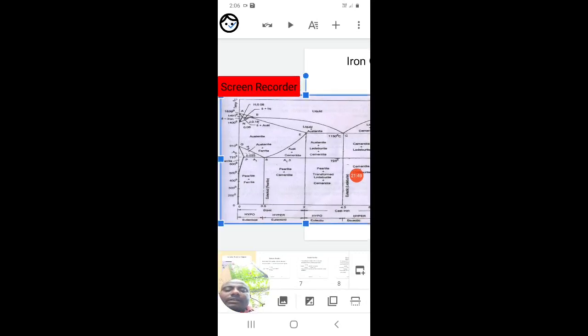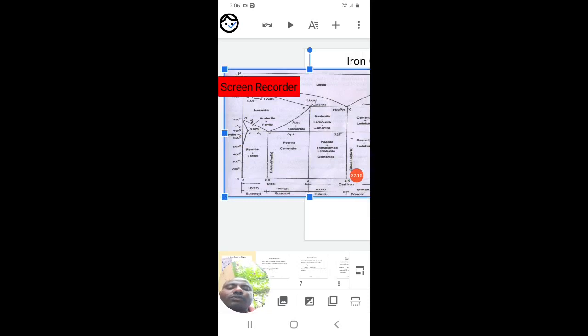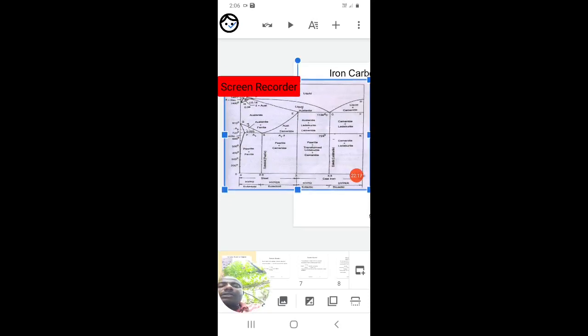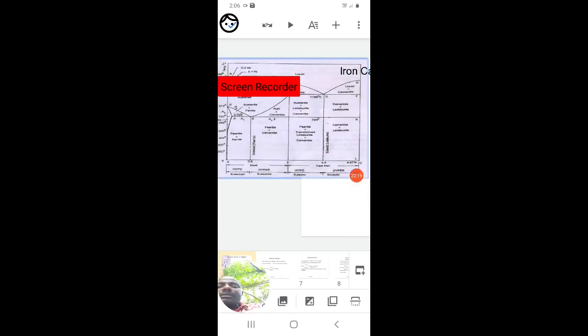That's why you study the isothermal reactions and temperatures. At exactly 723 degrees centigrade and 0.8 percent carbon, austenite gives rise to two types of solids, that is, ferrite plus cementite.